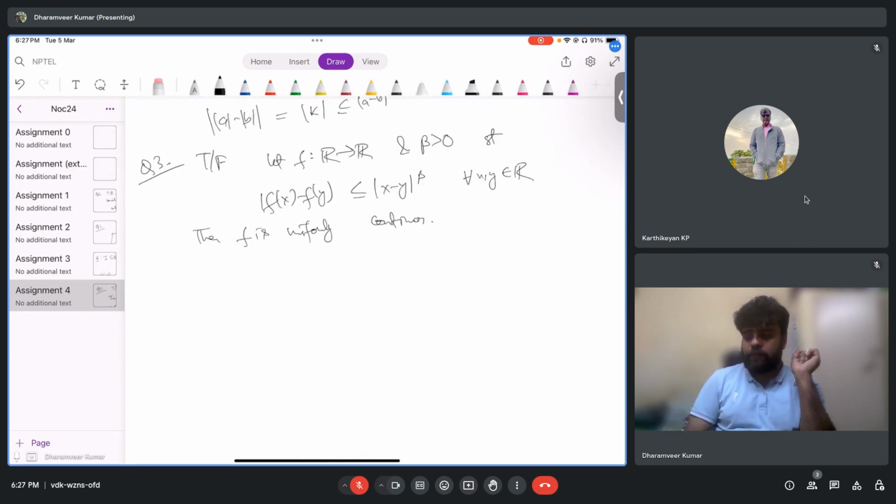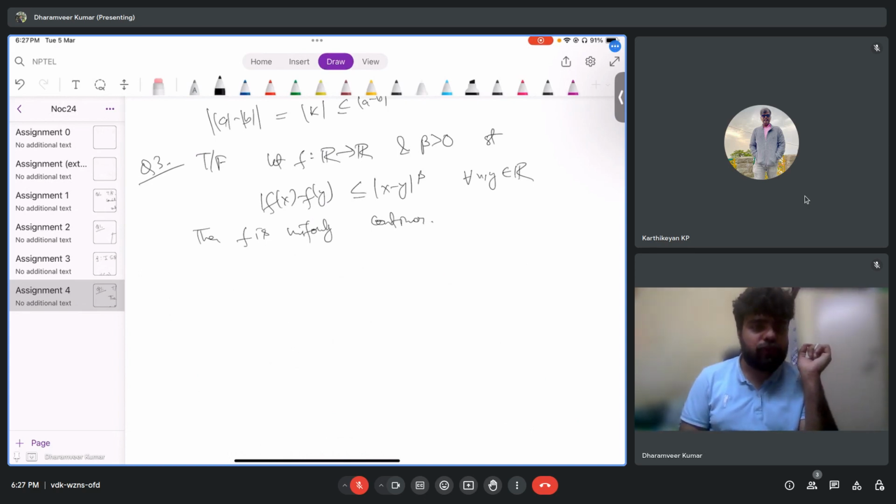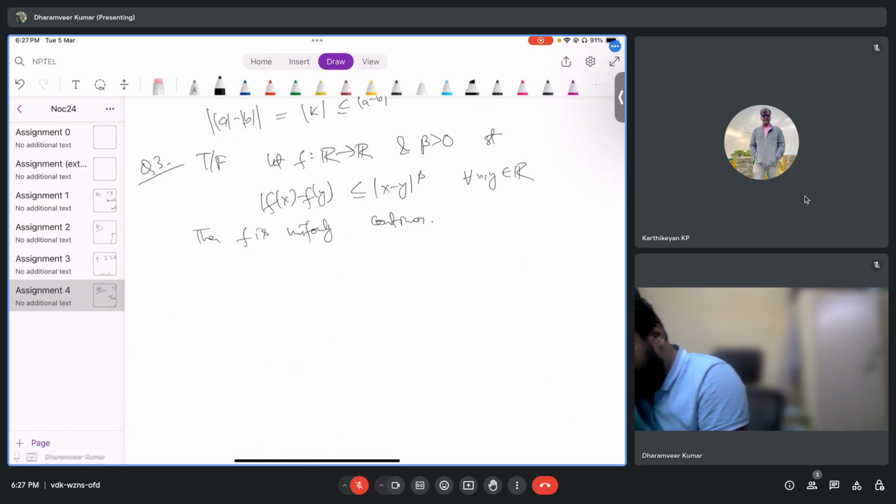But for some functions, it does not. And those functions we call uniformly continuous. Okay, so we want to solve this.